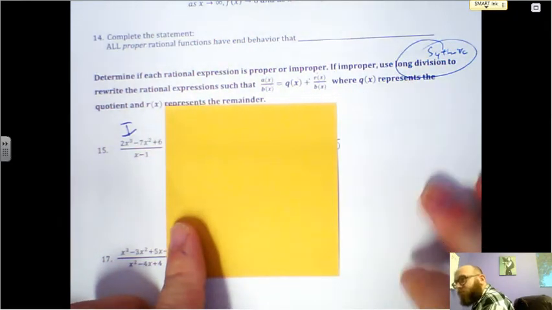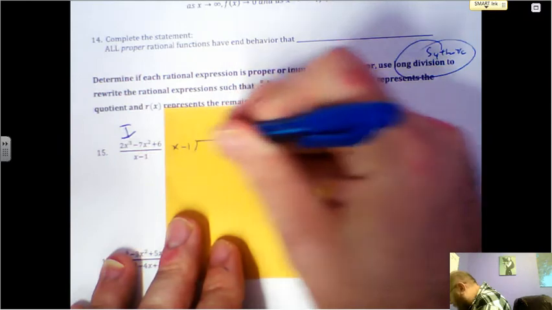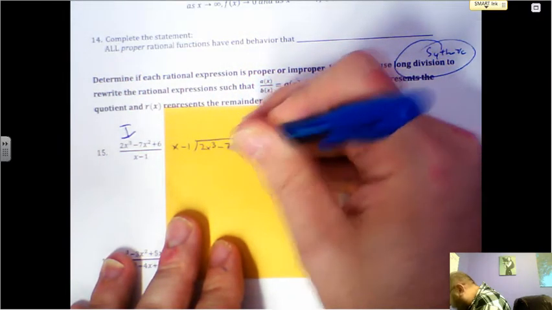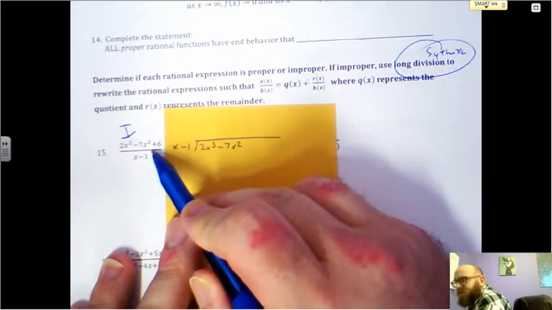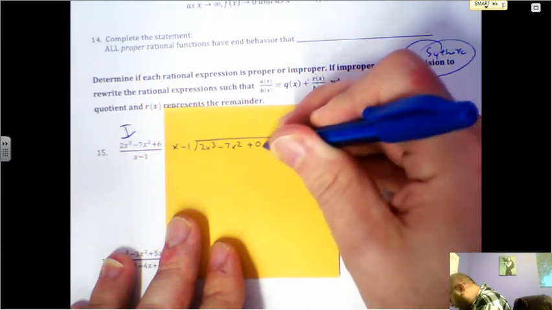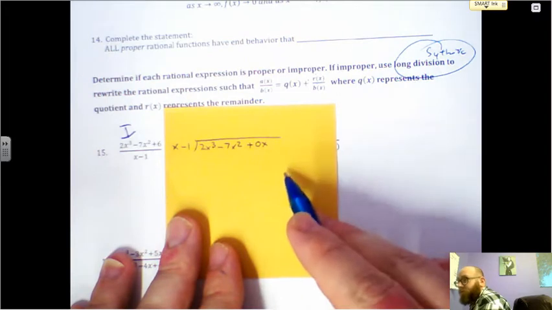Okay. So we're going to divide x minus 1 into 2x cubed minus 7x squared. But look here, there's no x term. This is pretty critical. So we have to actually write plus 0x. You know, that can be easy to miss, but every term needs to be accounted for.